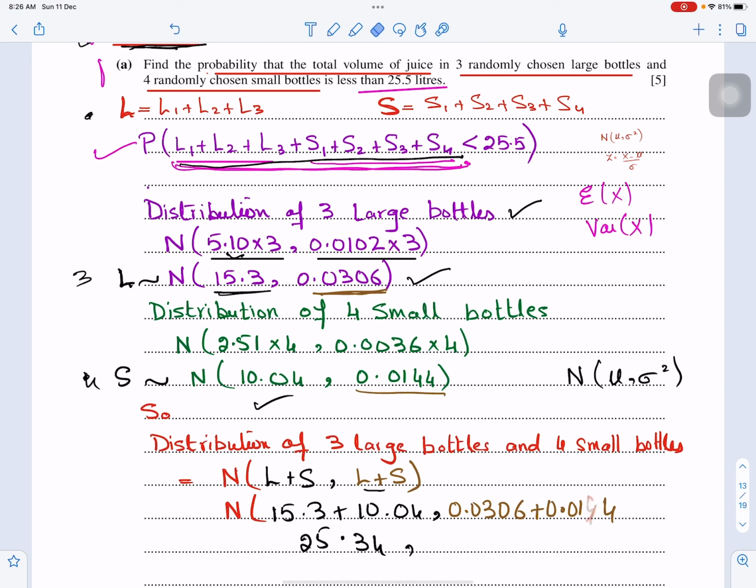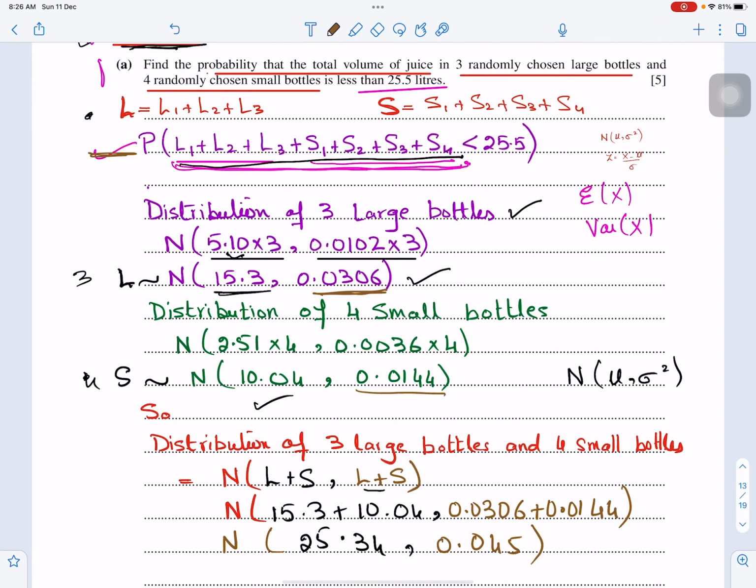Let me erase this. Now we will add this up, I am using a calculator, you can also use one. Okay, so I got my new distribution for 3 large bottles and 4 small bottles.